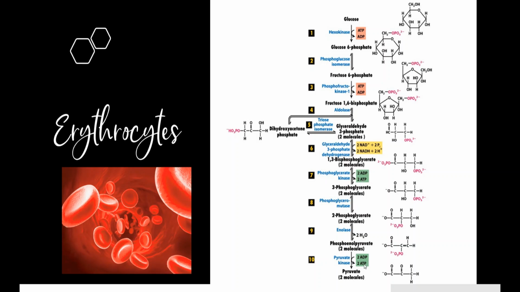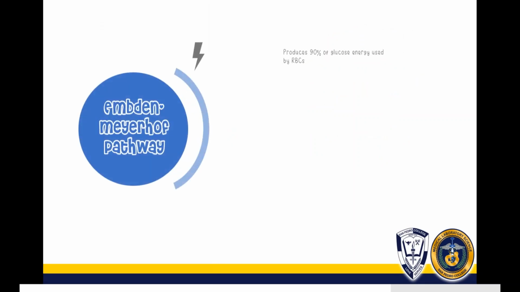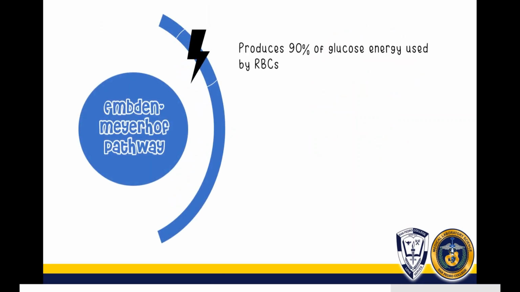So all in all, for one glucose molecule, your RBC is able to generate 4 ATP molecules. But because of the consumption of ATP in the earlier part of the metabolism, there is only 2 net ATP generated in this pathway, the glycolytic, the Emden-Meyerhof pathway. So again, the Emden-Meyerhof produces 90% of glucose energy used by the RBCs.